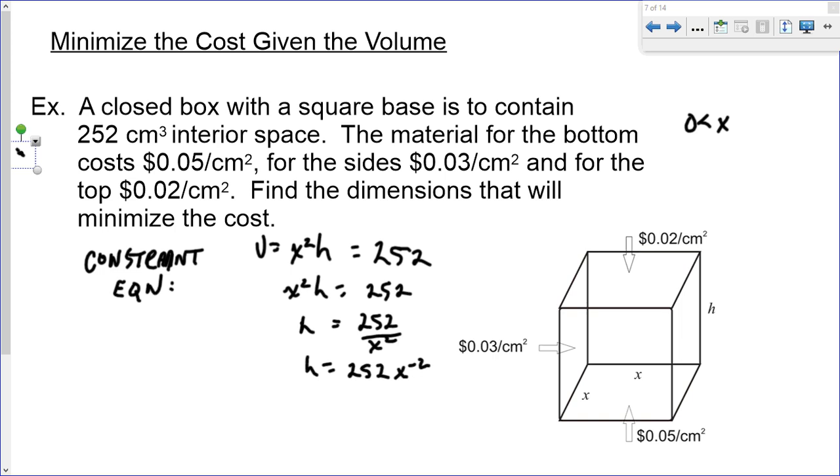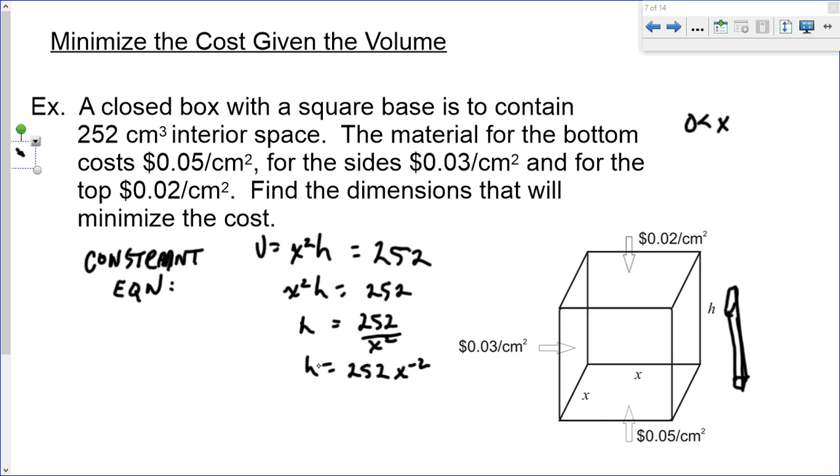If x was 0, we wouldn't have a shape, and if it was slightly just bigger than 0, we'd have a really, really tall, narrow box with a small base and a very, very tall height. So we'd have a box like this. And it can go up to, well, we have volume to work with.